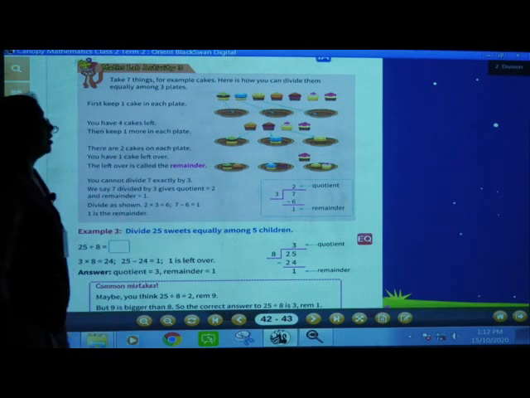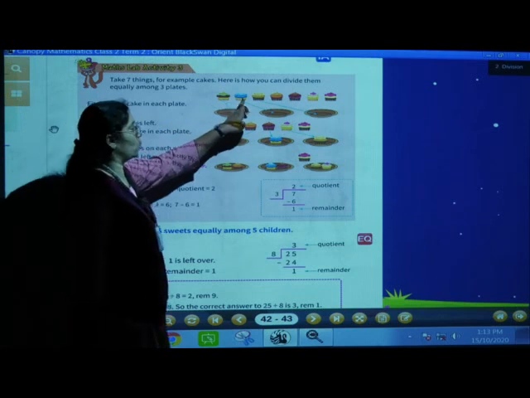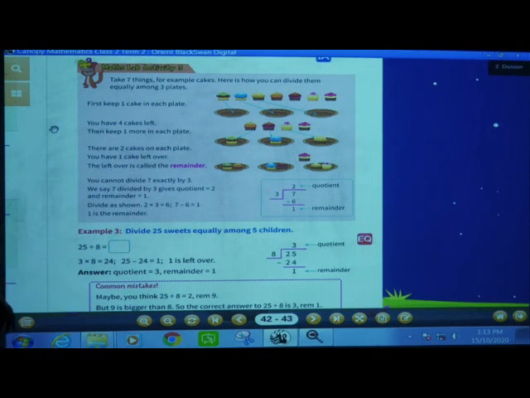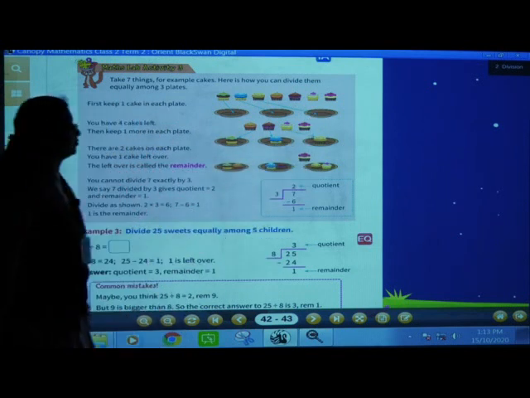Here is how we can divide them equally among 3 plates. 1, 2, 3, 4, 5, 6, 7. 7 cakes are there and we have to divide them equally among 3 plates. 1, 2 and 3.